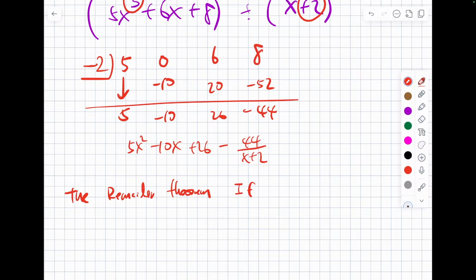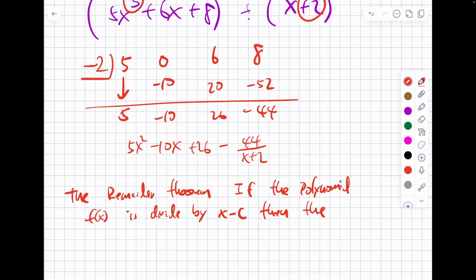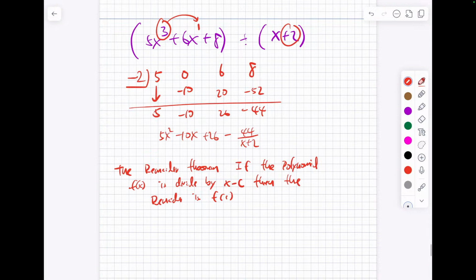The remainder theorem says if the polynomial f of x is divided by x minus c, then the remainder is f of c. So the remainder is an evaluation, as if you were to plug in c. And this is very, very interesting. Because what it's saying is this.